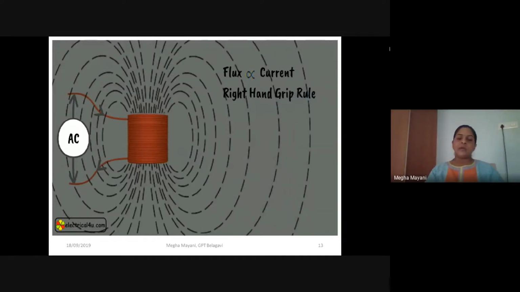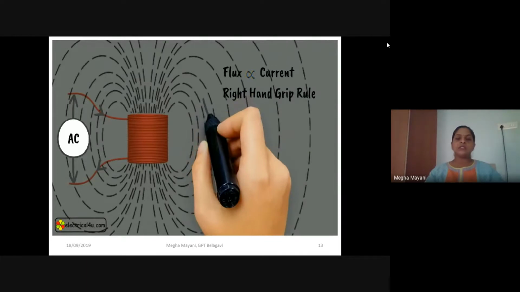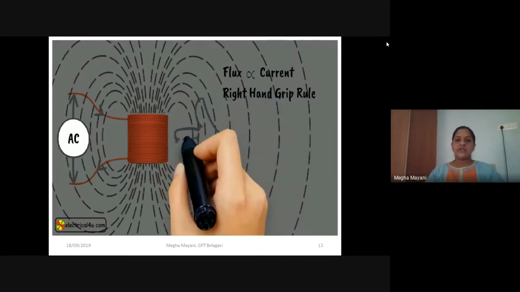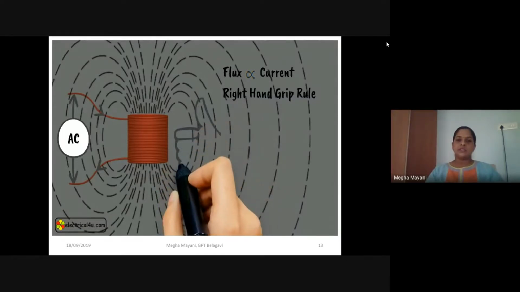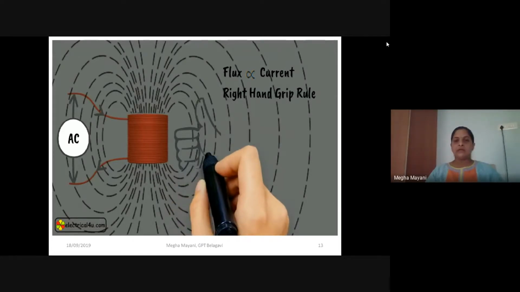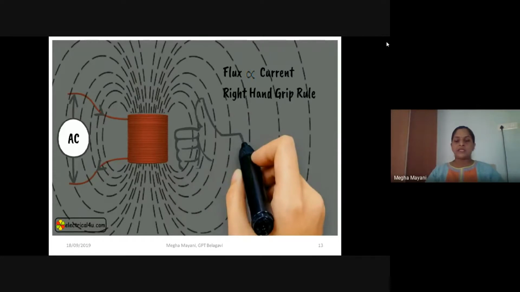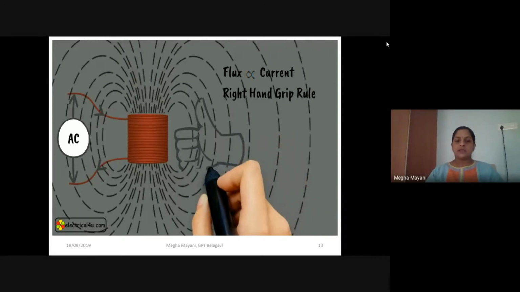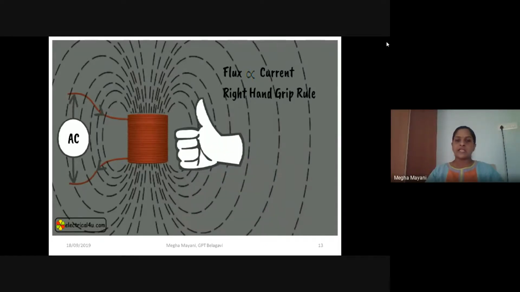If you apply the right hand grip rule, where the thumb is aligned along the axis of the coil and the fingers towards the turns of the coil, then we get the direction of flux along the thumb, as shown here.